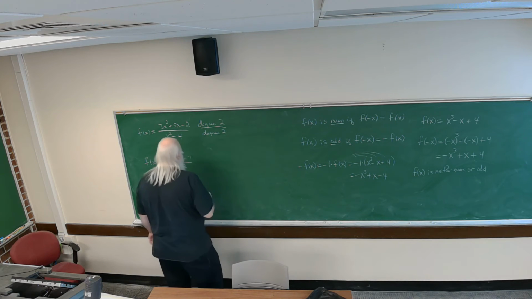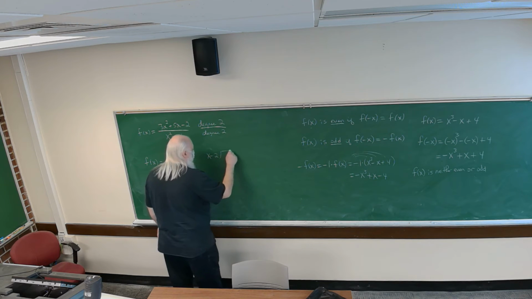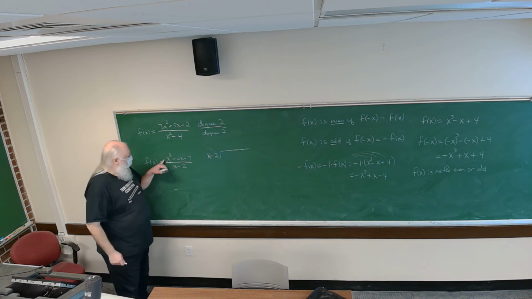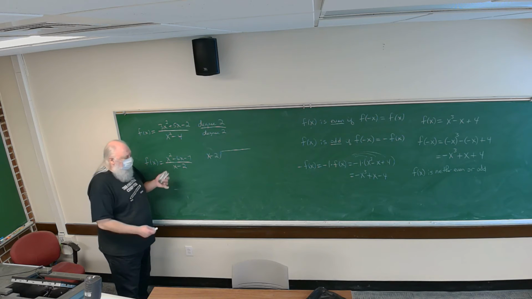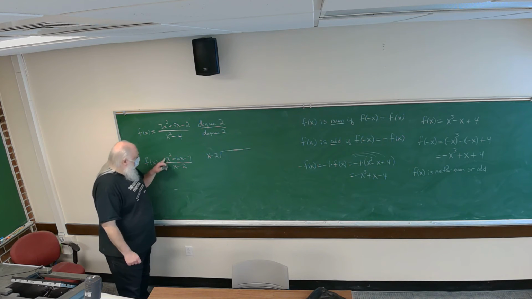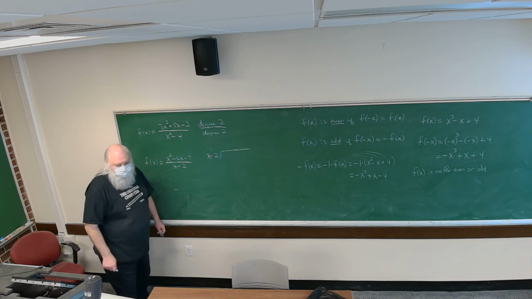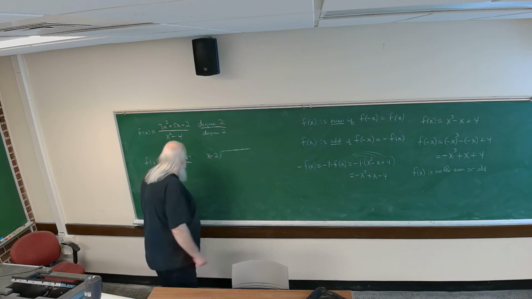Typically, if you have degree 3 in the numerator and only degree 2 in the denominator, you have to do long division. Only where it's degree 2 over degree 1 could you use synthetic division. But we'll do the long division.